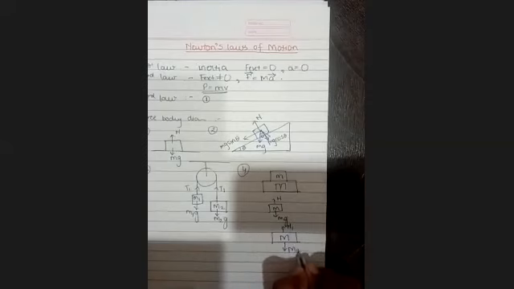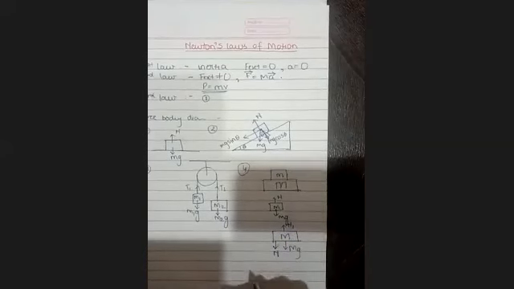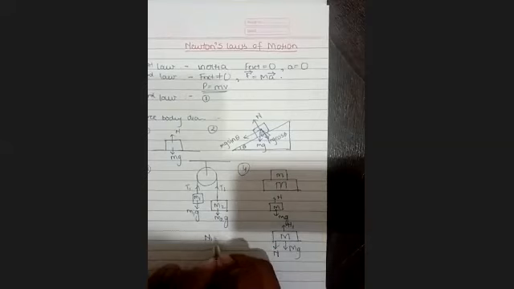It will be Mg, and the small m block will give a normal reaction on this block downwards. So this block's normal reaction will be N plus Mg, where this N is equal to mg.